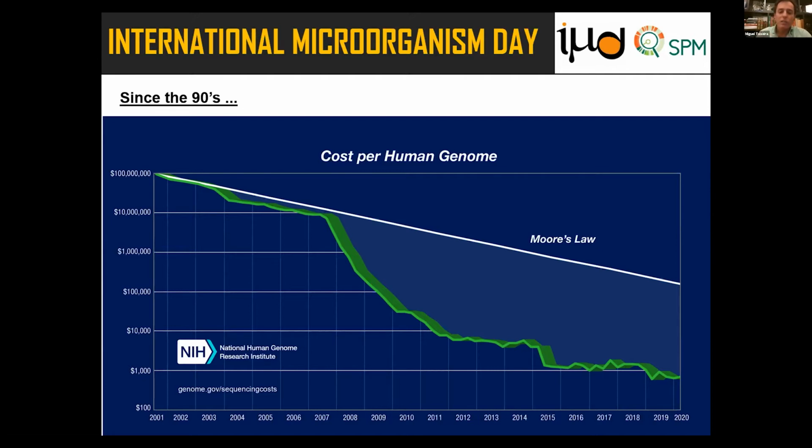But what hasn't accompanied the same decrease in price was actually the computation underlying the analysis of these data. And you can see here the line of Moore's law. Of course, there is a decrease in computation costs, but they didn't accompany the decrease in the cost of sequencing itself.